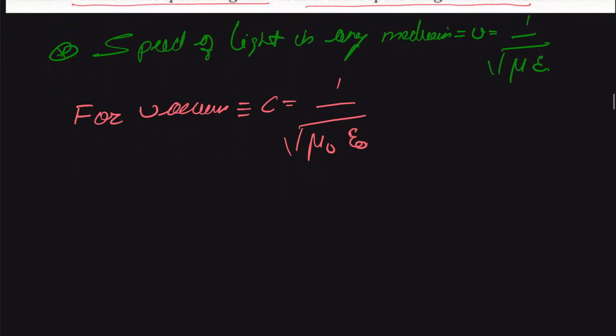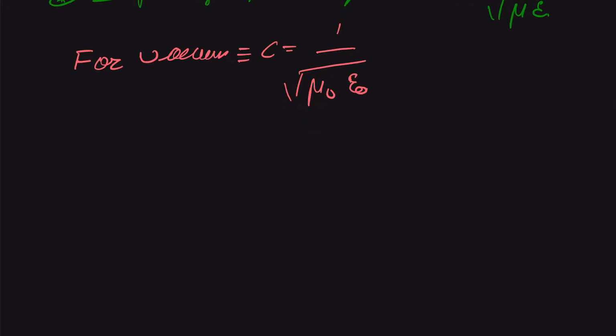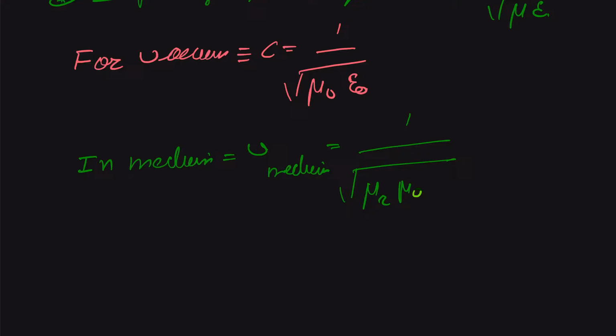And therefore, we can write that in the medium, suppose our velocity is v medium, then this will be equal to 1 upon the square root of mu r mu naught epsilon r epsilon naught.